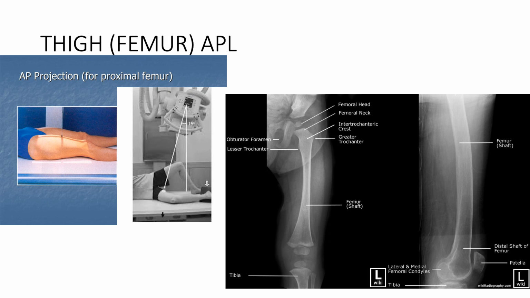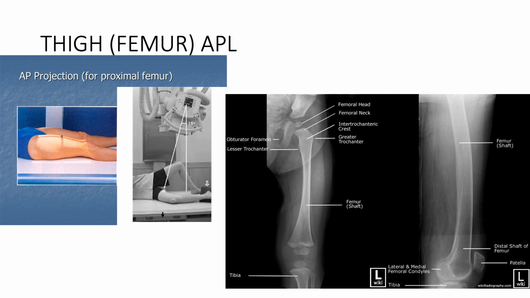Another reason for this is because we want to know how bad the displacement of the fracture is, whether it's towards the front or towards the back, so you will know how to mend the broken bone.